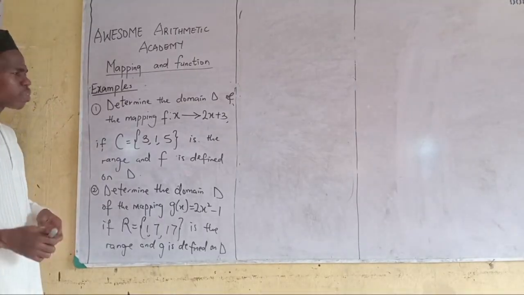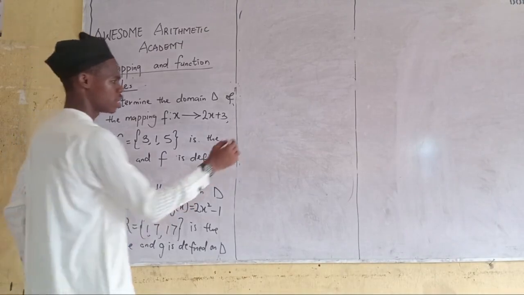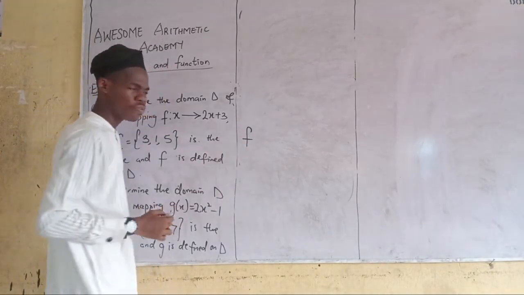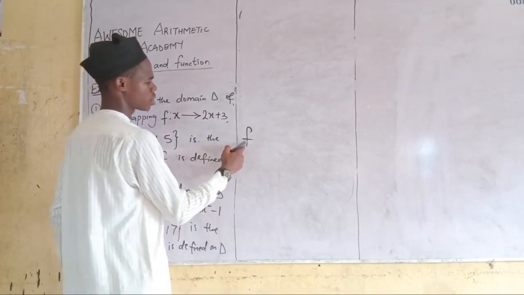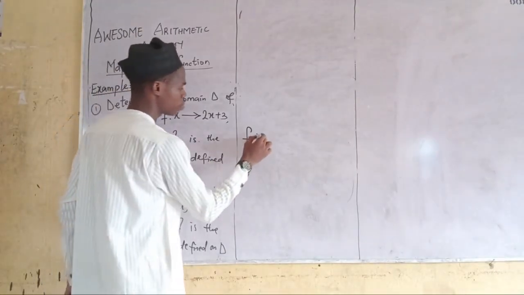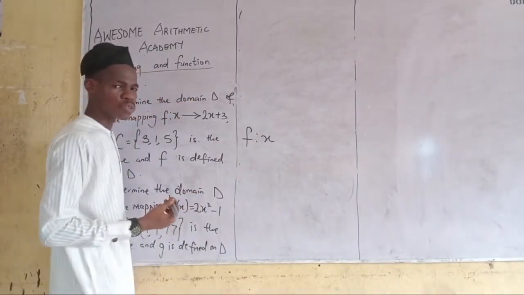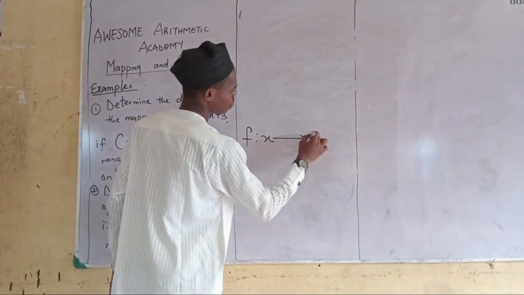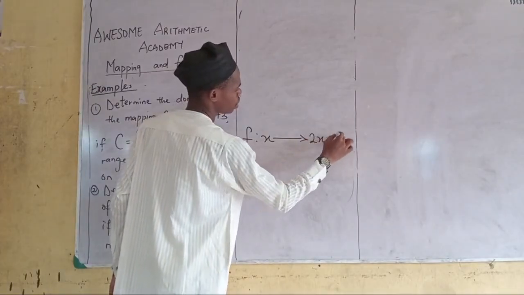And if you remember when I was explaining that function, we say if this is the rule, the rule that is mapping an element in the domain to give us an output in the codomain.